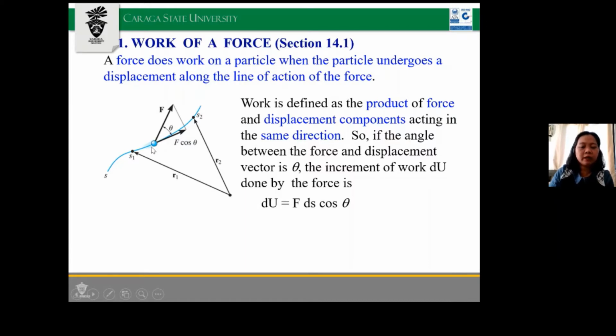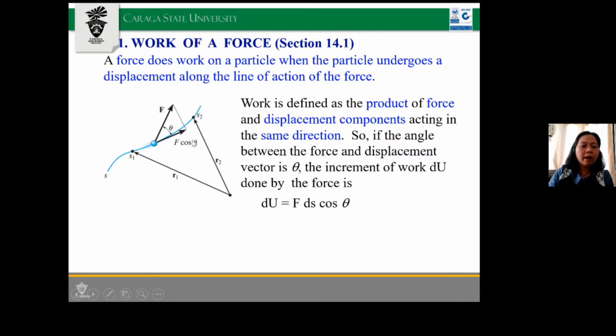If the angle between the force and displacement vector is theta, the increment of work dU, where work is represented by U, done by the force is dU equals F ds cosine theta.